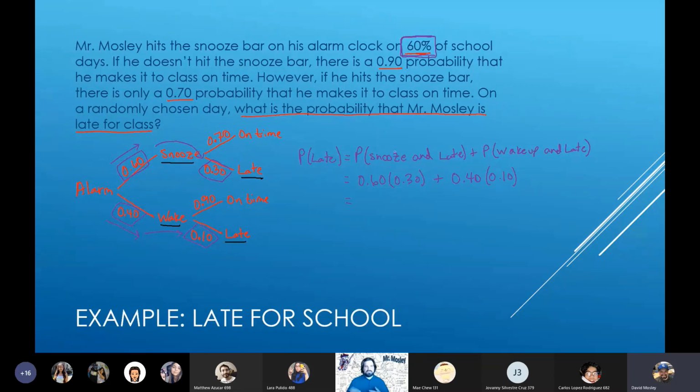Again, this is based on the general multiplication rule, where we know the probability that I'm late given that I hit snooze, and I know the probability that I hit snooze. Does everyone understand why I'm doing these two pairs of multiplications?